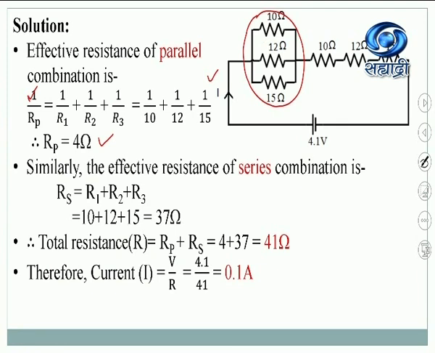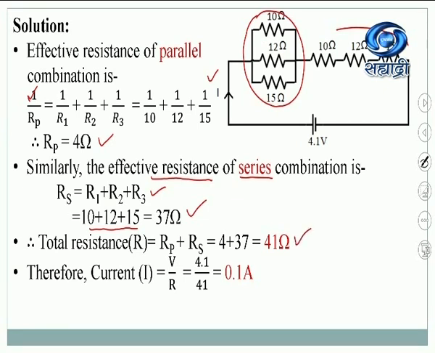So we got the effective value of the parallel combination of the 3 resistors. Similarly, effective resistance of the series combination is Rs equal to R1 plus R2 plus R3, simple thing, 10 plus 12 plus 15, that is 37 ohm. So this is the value of these 3 in series combination.